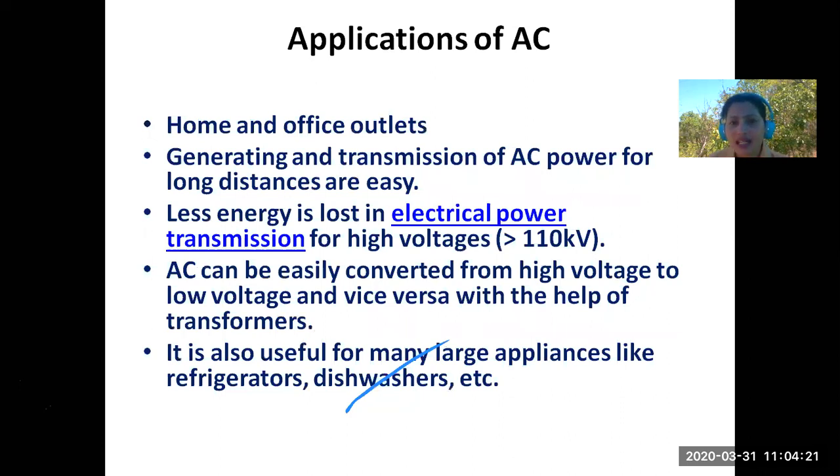Now how is this alternating current useful? Generation and transmission of alternating current is easy for large distance transportation. You know where the power stations are, right? They are far away. How do we transport current?